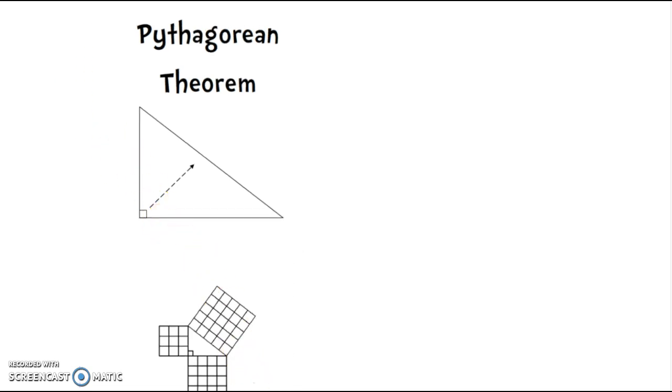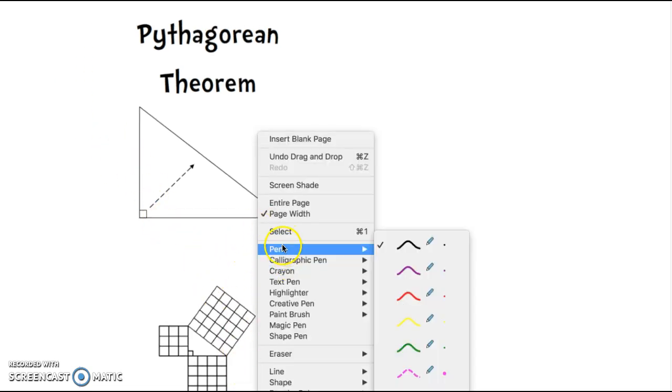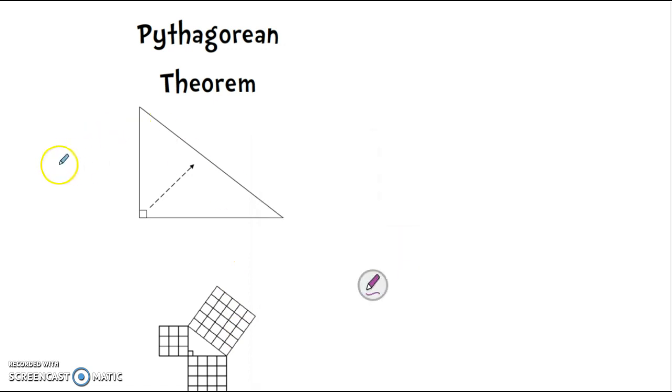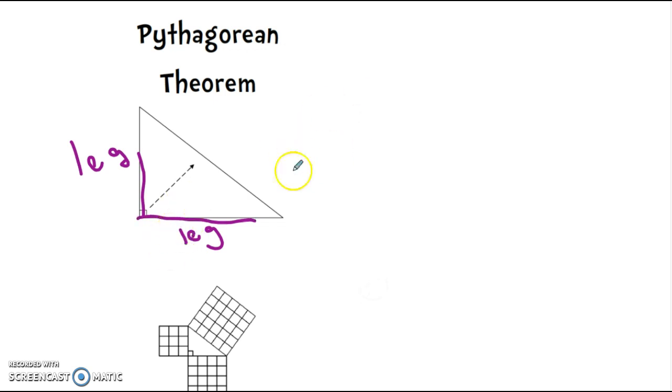So the two sides that make up the right angle are called the legs. So this is a leg, right? Because it's the vertical part of the right angle. And then this other side is a leg because it makes up the horizontal line of the right angle, which won't always be true. I shouldn't have said that because sometimes your right triangles will be tilted.